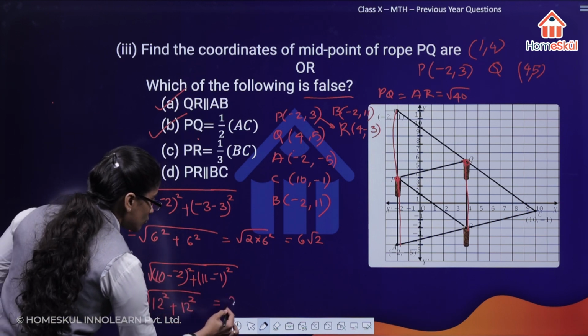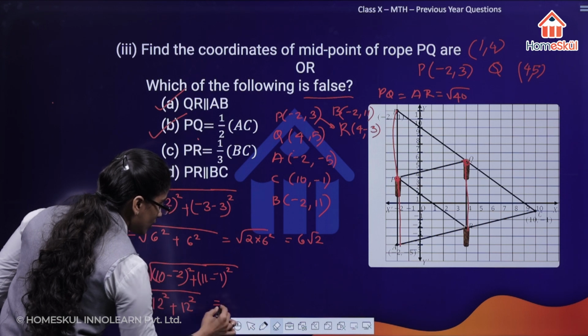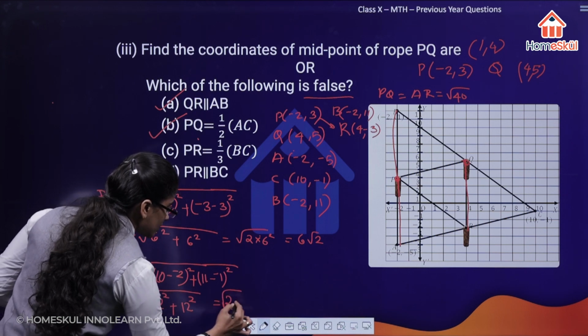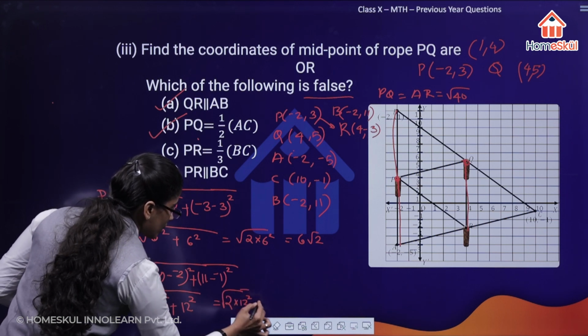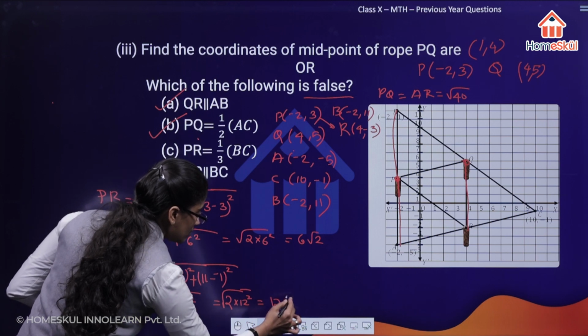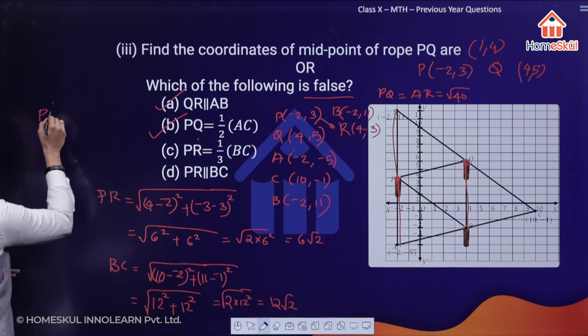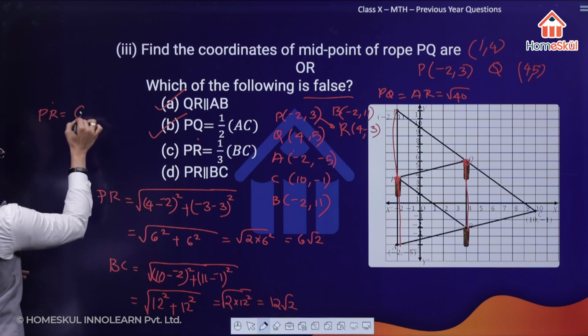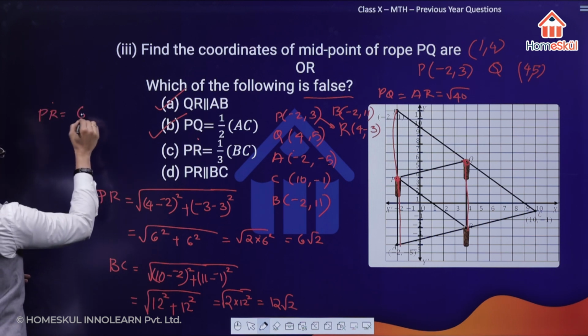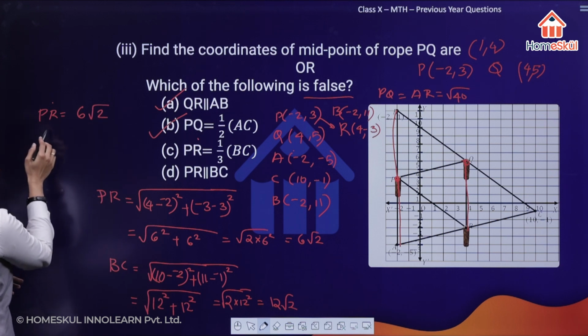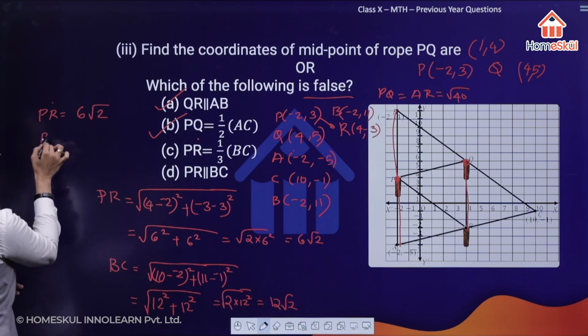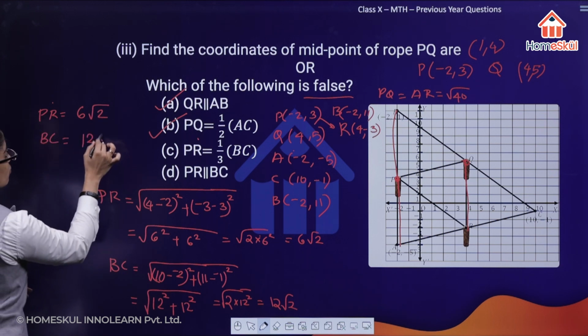So it is 2 times 12 square. Square root of 2 times 12 square will be equal to 12 root 2. Now we are getting PR is equal to 6 root 2 and BC is equal to 12 root 2.